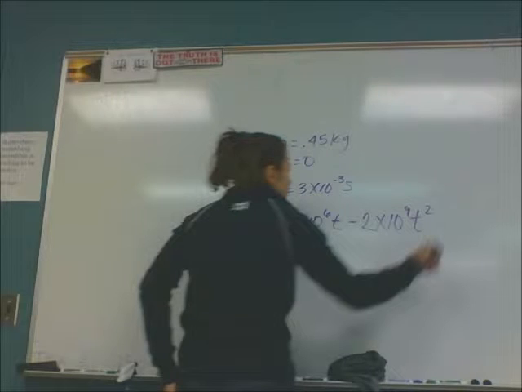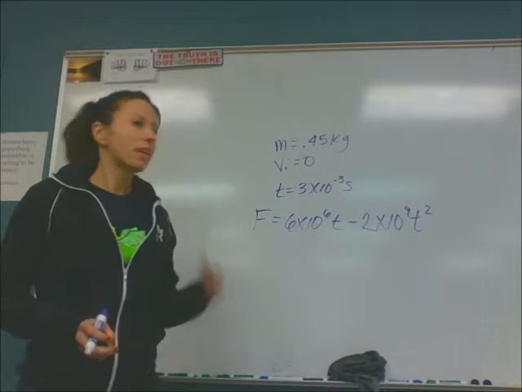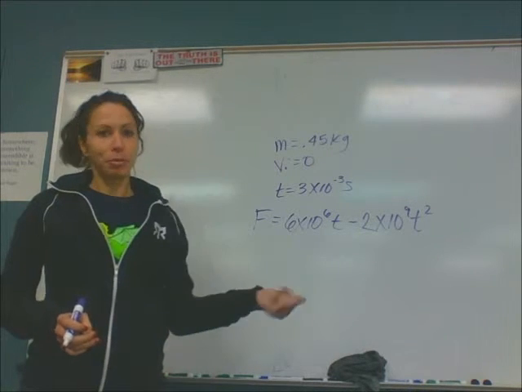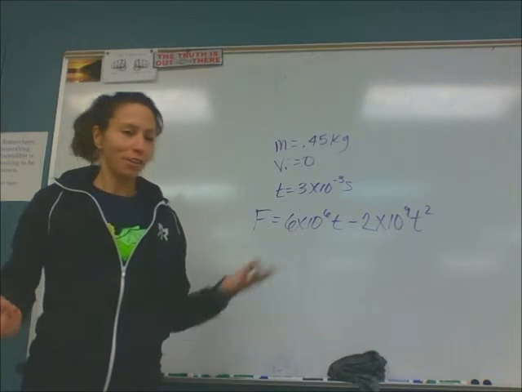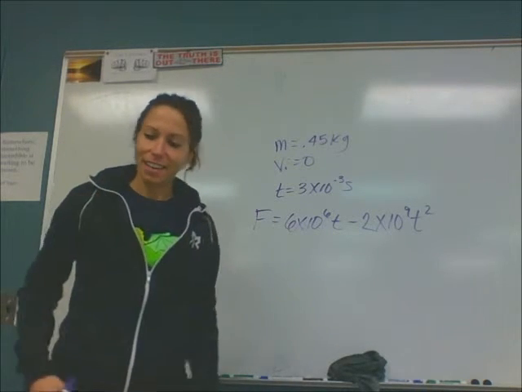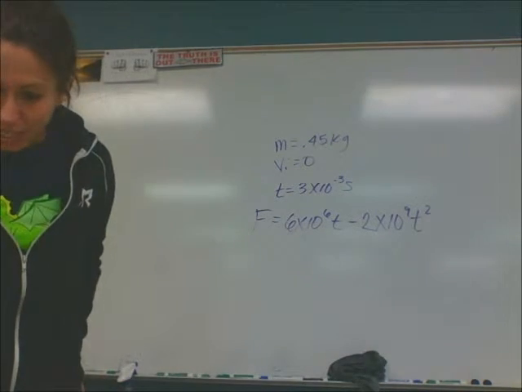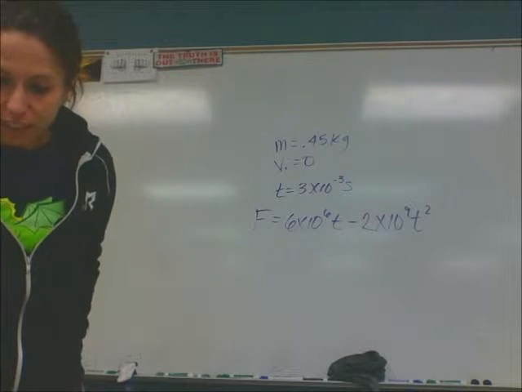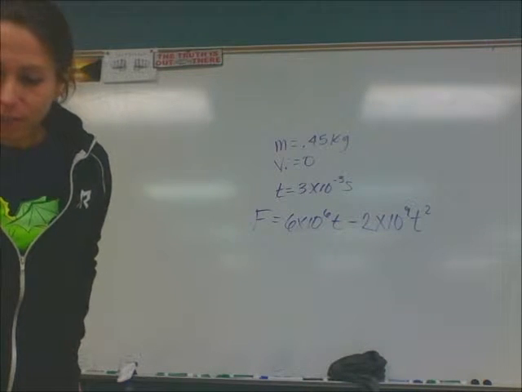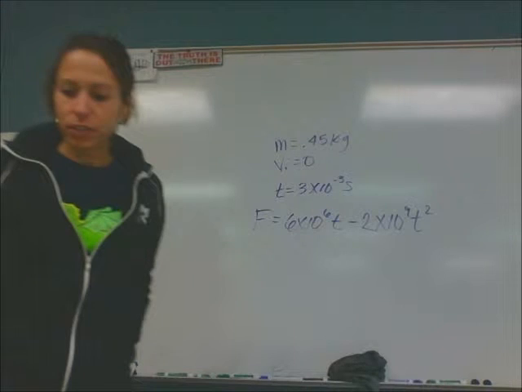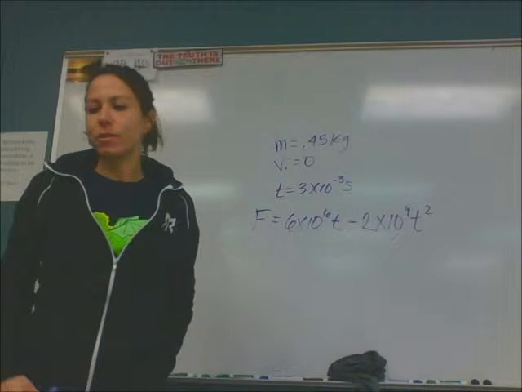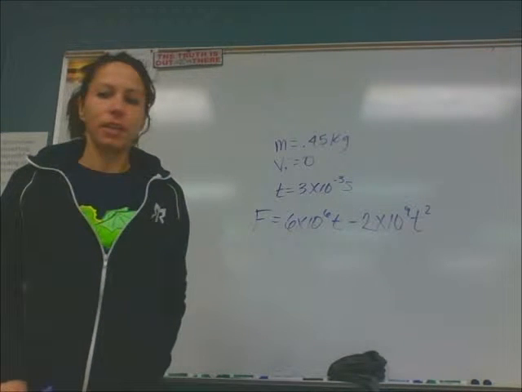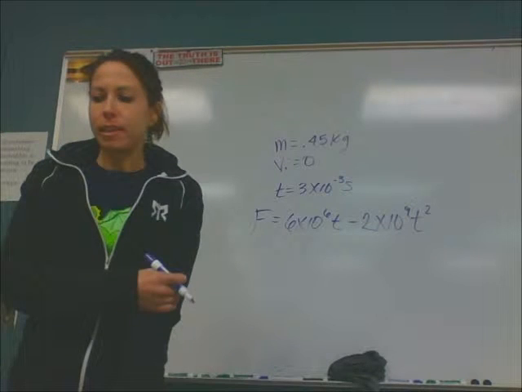So the first thing it's asking is what is the impulse? Well, the equation for impulse is the integral of F dt. Delta p, or impulse, same thing, is equal to the integral of F dt during the kick. So the kick starts at t equals 0 and it ends at t equals 3 times 10 to the negative 3rd seconds.